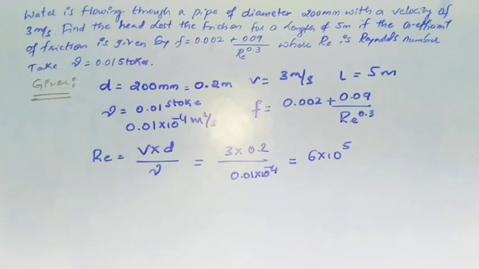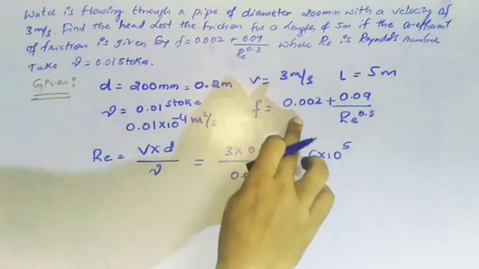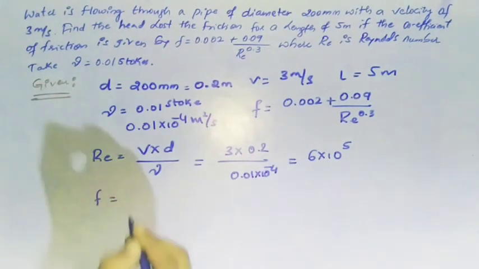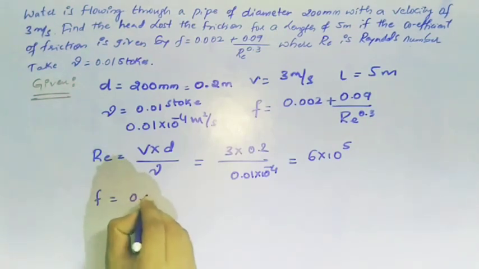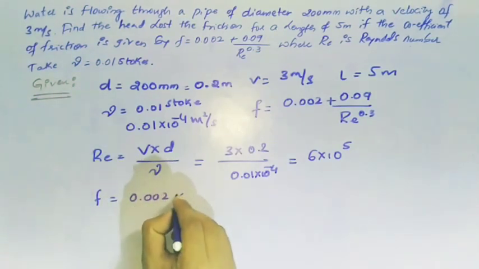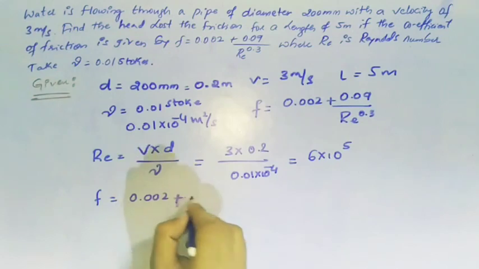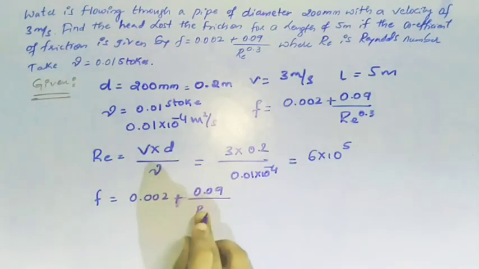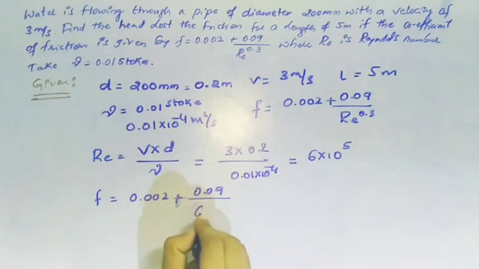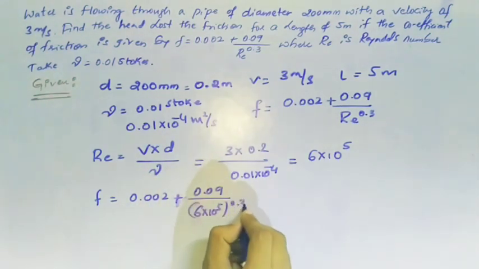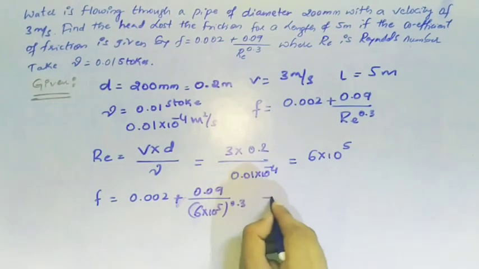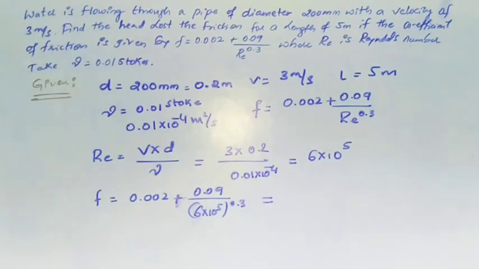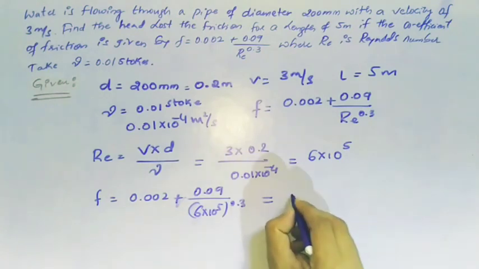Now let us substitute this Re value in the coefficient of friction equation, that is 0.002 plus 0.09 divided by 6 into 10 raised to 5 raised to 0.3.